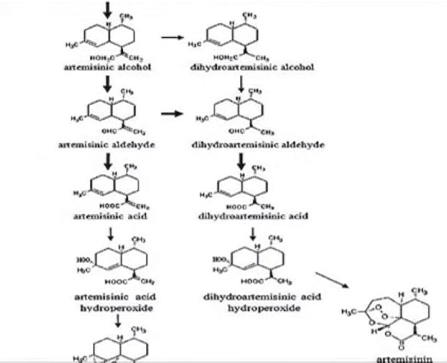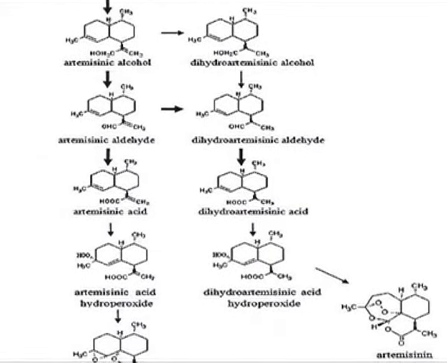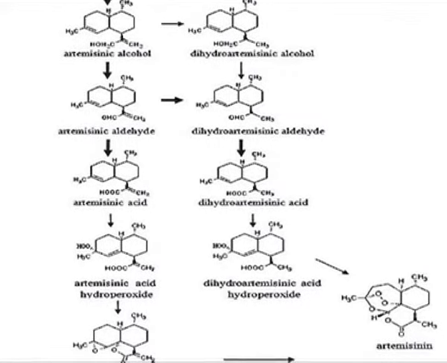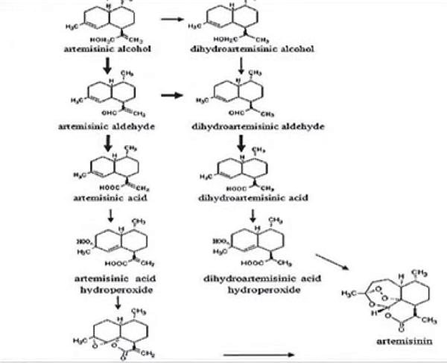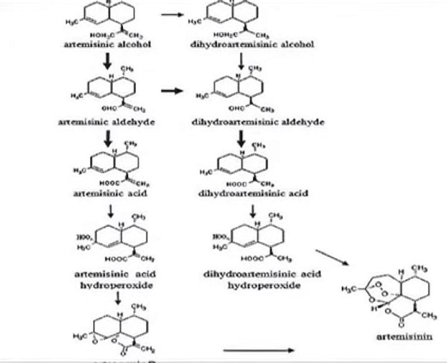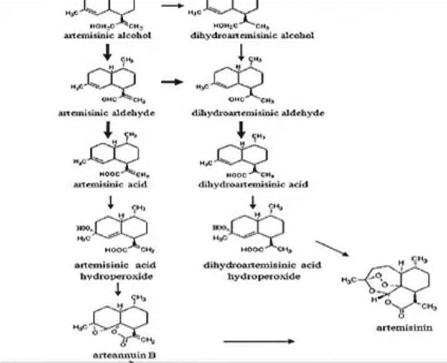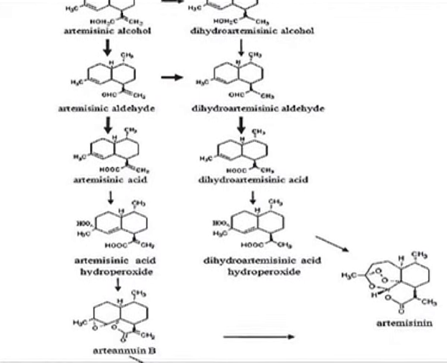The route from artemisinic alcohol to artemisinin remains controversial, and the proposals differ mainly in which the reduction steps take place. Both routes suggest dihydroartemisinic acid as the final precursor to artemisinin.